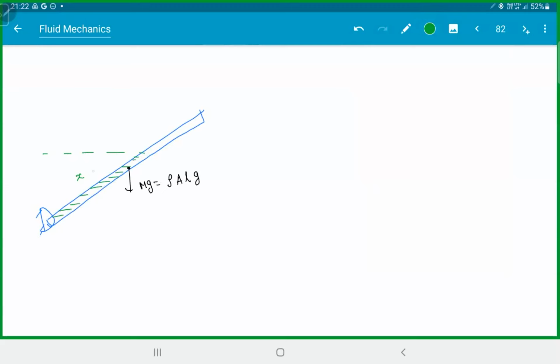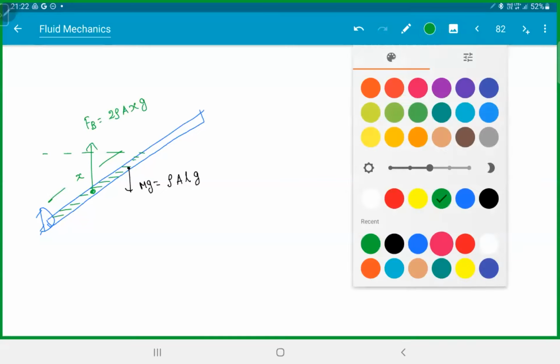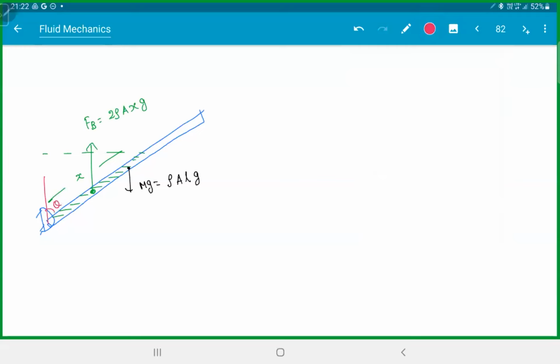Let this length be x. So the buoyant force will act at the center of this, which is density of the liquid 2 rho, area A, x, g. This angle is theta. So this is the perpendicular distance. What will be this distance on the center? X by 2, na? Yes.